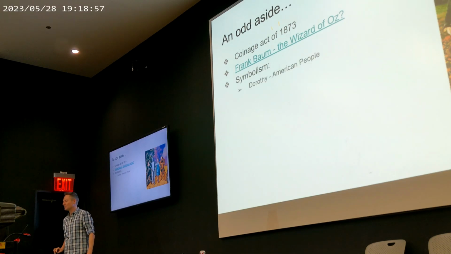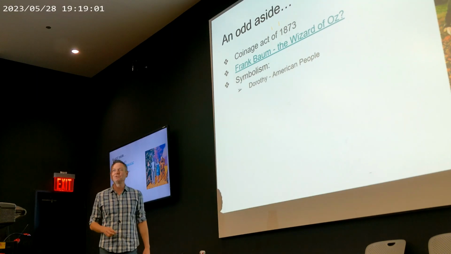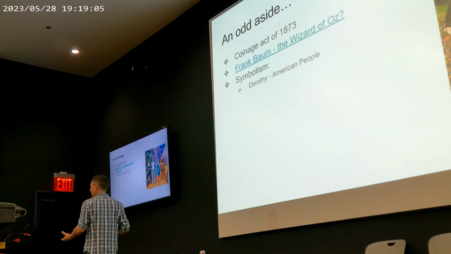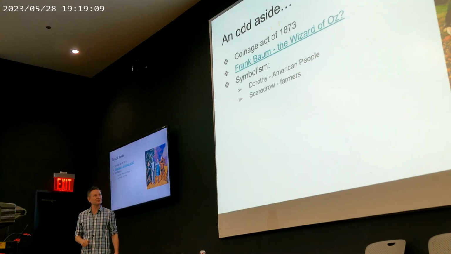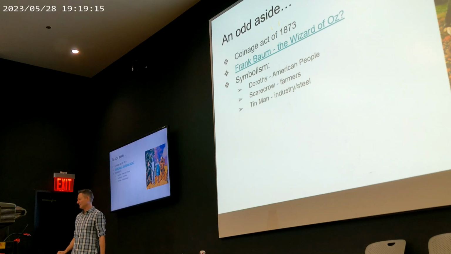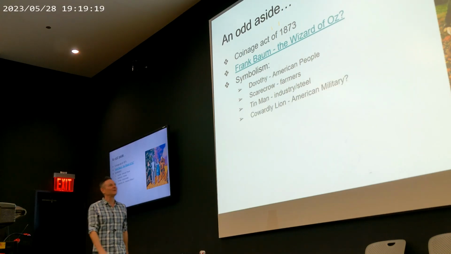So some of the symbolism here, people say that Dorothy, in her simplistic goodness, represents the American people, right? Scarecrow represents farming interests. The Tin Man is industry, and in particular the steel industry. And the Cowardly Lion, I've heard different takes on this.